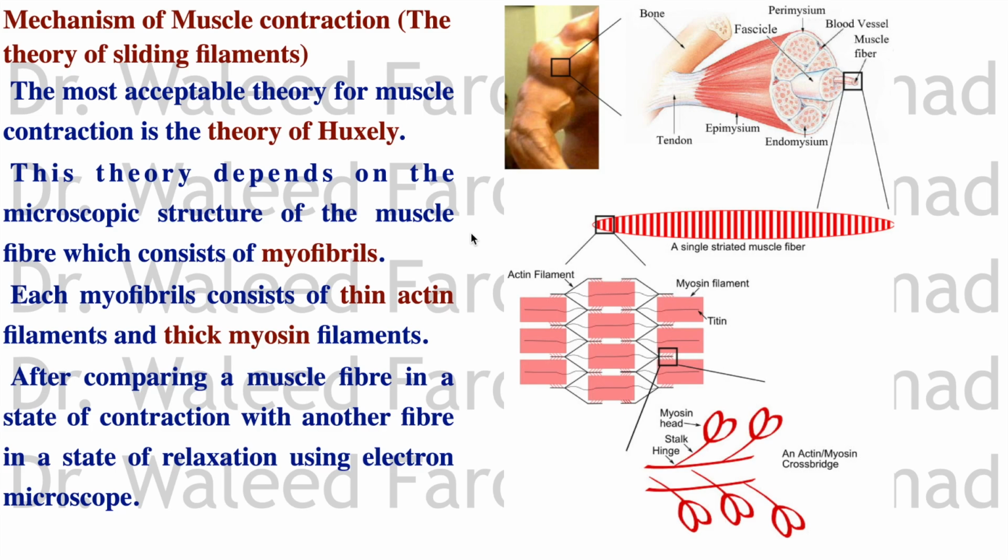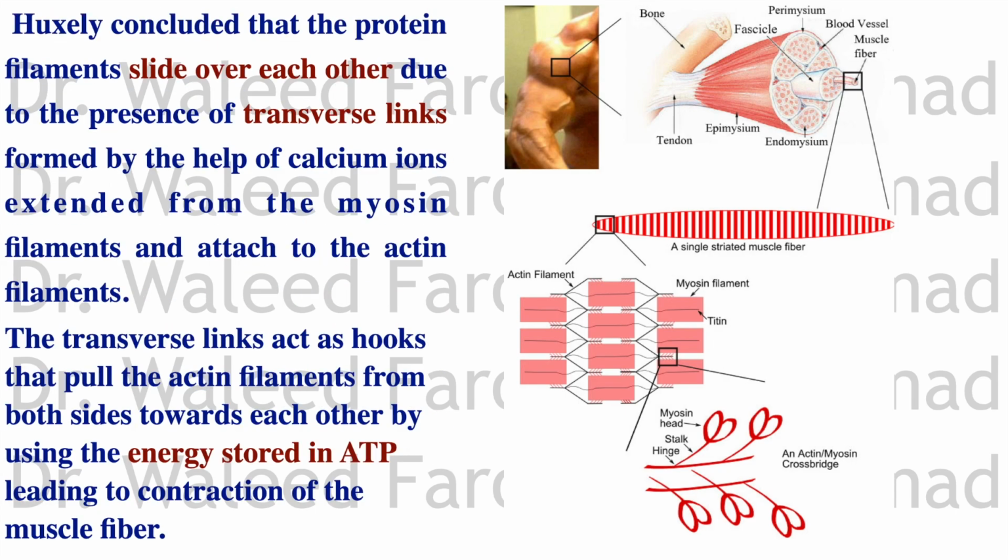Okay? All this was studied under the electron microscope by comparing a muscle in a contraction state to a muscle in relaxation state. Okay? So remember the name Huxley and the sliding filaments theory. Sliding filaments theory. Okay? So what happens?